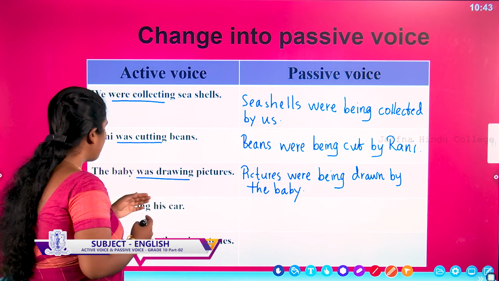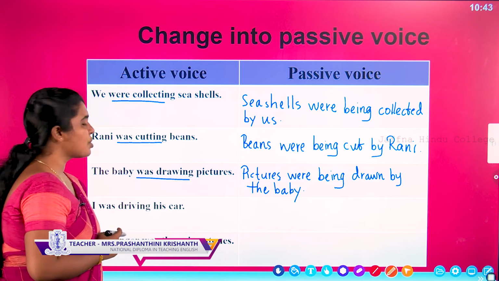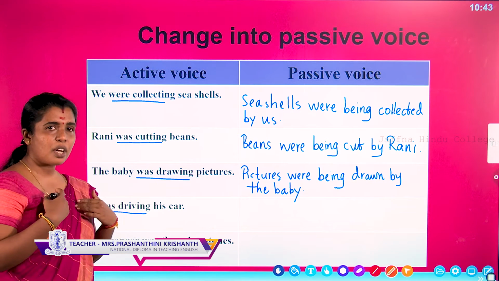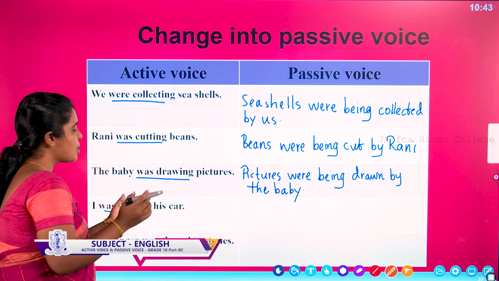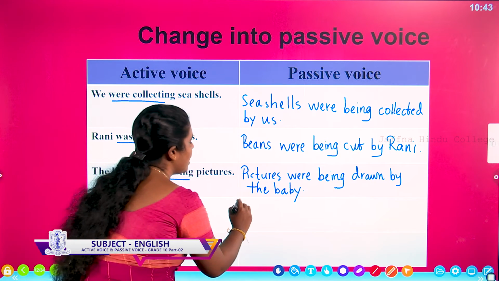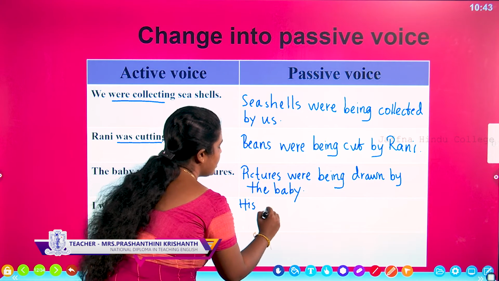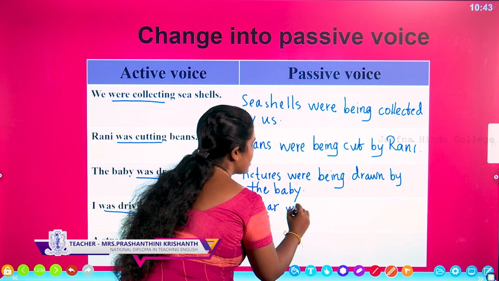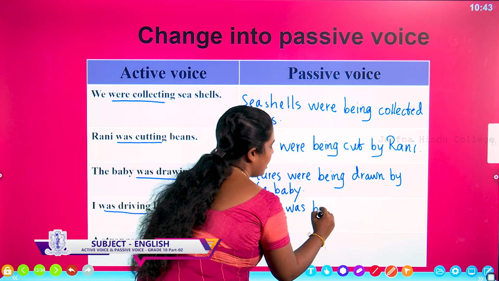Number 4, I was driving his car. Okay, I was driving his car. So, his car is the object of this sentence. So, we are taking this first, his car. This is singular. So, was being.